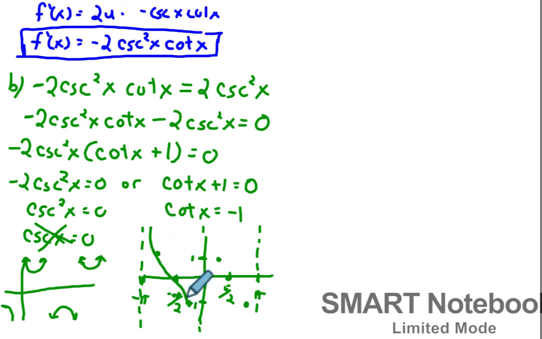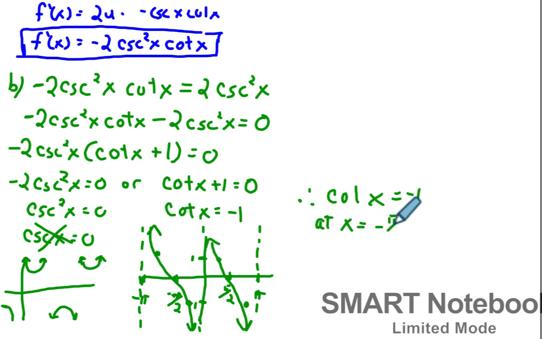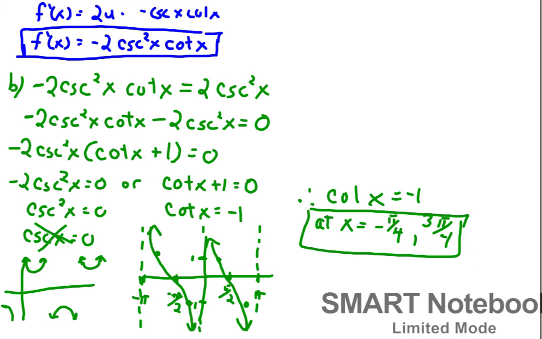So at pi over 4 and 3 pi over 4, I'm at 1 or negative 1. So this graph looks like this. So every time I'm at negative 1 is when x is equal to negative pi over 4, or when x is equal to 3 pi over 4. So my two solutions are negative pi over 4 and 3 pi over 4.